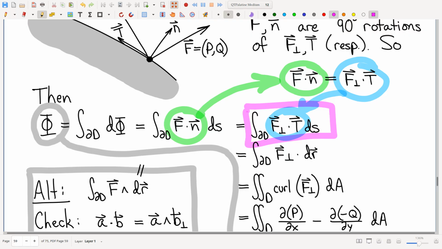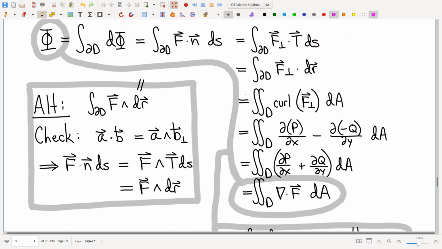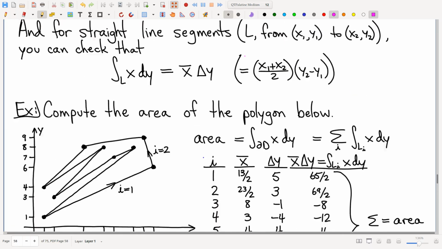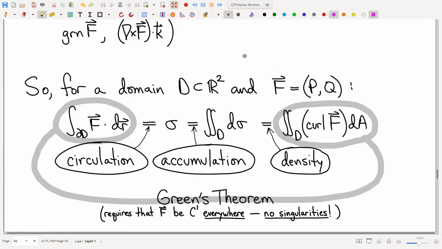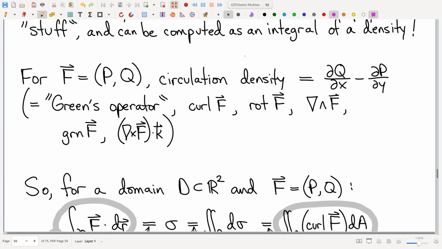Okay, and it's home stretch at this point because we know how to compute this. Keep in mind T ds is dr. We know how to compute vector line integrals, and one of our big tools is Green's theorem that we talked about last time. So there it is. We're just going to take the curl of this thing called F perp. Now I'm going to go back to where we wrote down the formula for curl. Here it is: dQ dx minus dP dy.